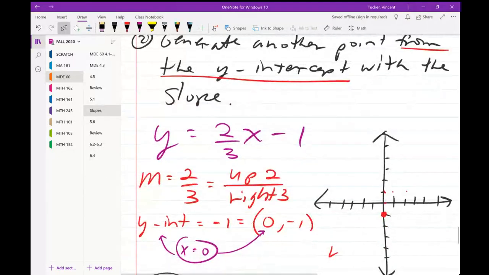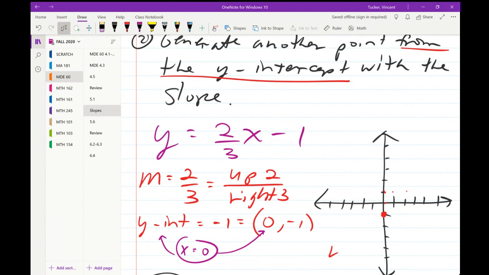All right, so if we have y equal to 2/3 x minus 1, my slope is 2/3. My y-intercept is -1. Now don't forget, we already mentioned that the characteristic of all y-intercepts is that x is equal to 0. So when I look at the coordinates of my y-intercept, they gave me -1.